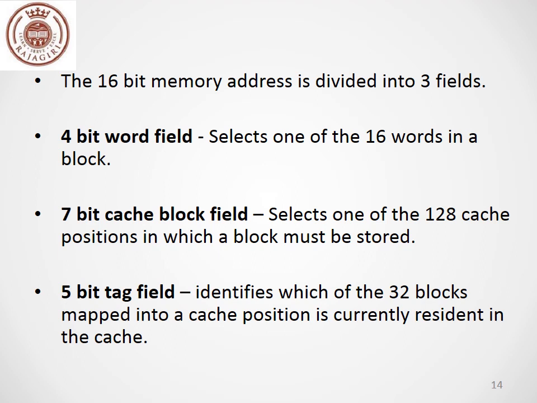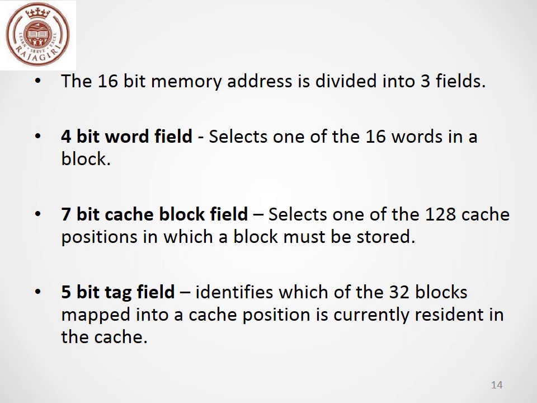For example, if all the 7 bits are zeros, then it means the incoming main memory block should be placed into block 0 of my cache. Whereas if all my 7 bits are ones, then the incoming main memory block should be placed into the 128th, that is the last position in my cache.